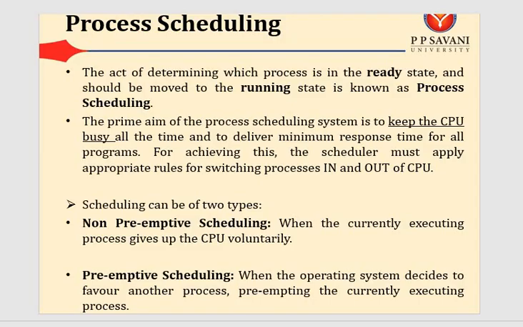In non-preemptive scheduling, the currently executing process gives up the CPU voluntarily, and in preemptive scheduling, the operating system decides to favor another process, preempting the currently executing process. In simple words, in a non-preemptive scheduling algorithm, once a process is selected by the processor, until the process finishes its task, the CPU cannot select any other process from the system.